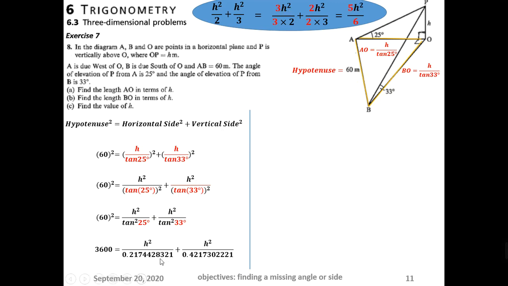If we apply the exact same thing here, the first fraction, we're going to multiply it by 0.422, and the second fraction, we're going to multiply it by 0.217. The common denominator is multiplying the two denominators by each other, so 0.217 times 0.422.